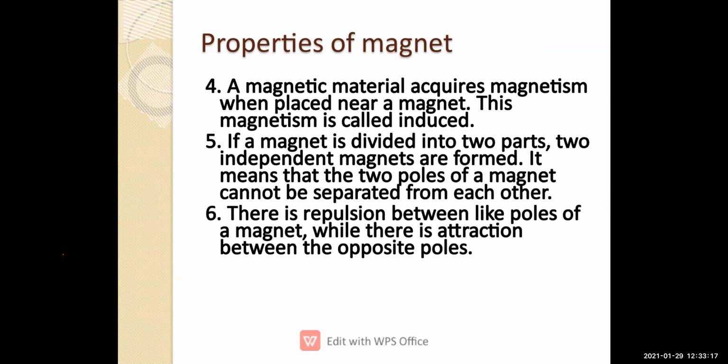Then what does the fifth property say? The fifth property says that when a magnet breaks into pieces, what happens to them? They break into two small pieces. But what is the property of a magnet? It shows a north pole and a south pole. So even when the magnet is broken into pieces, each piece will become a separate magnet, and again it will have the property of north and south.